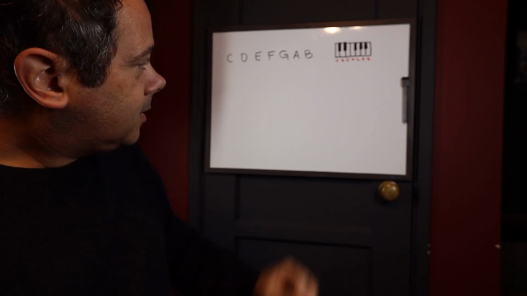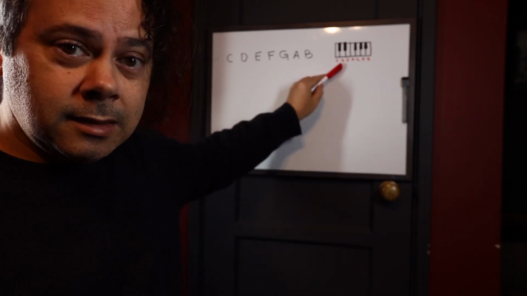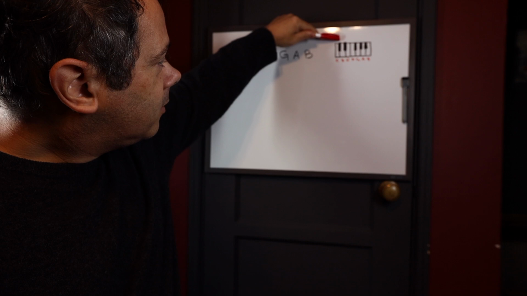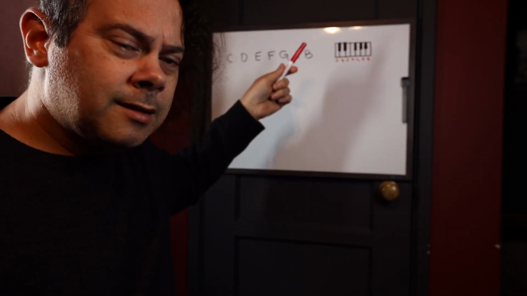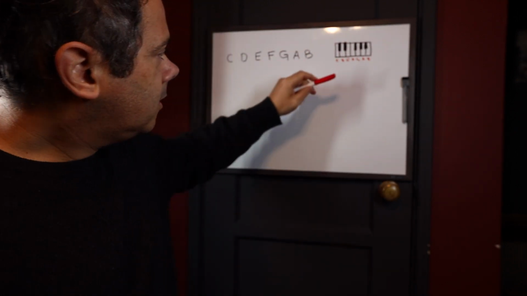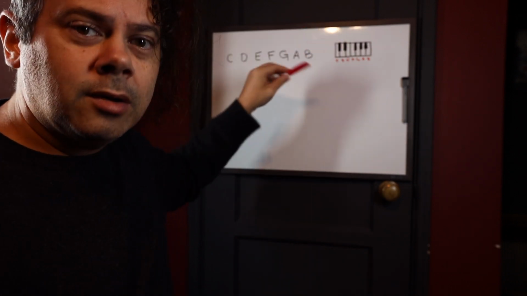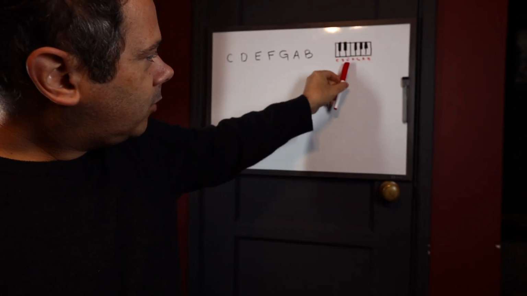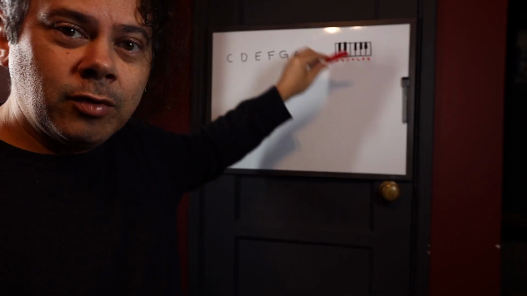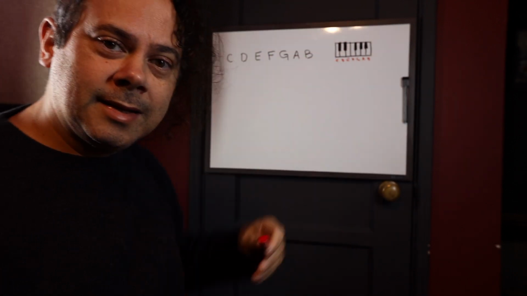So you will notice that between C and D, we have the C sharp or D flat. We will get into that later. Between D and E, we have the D sharp or E flat. Between E and F, we don't have an accidental.